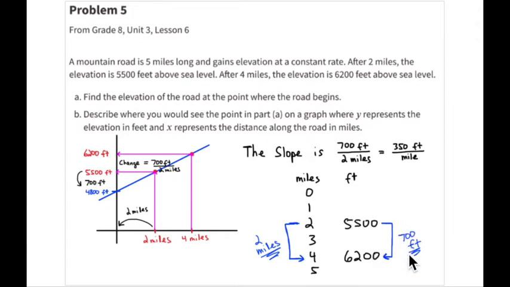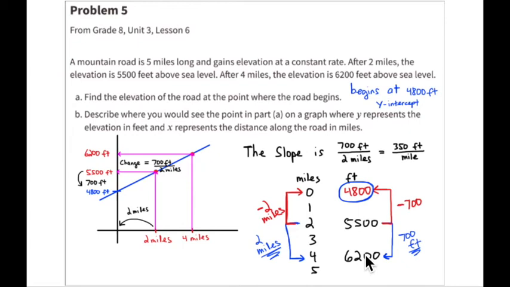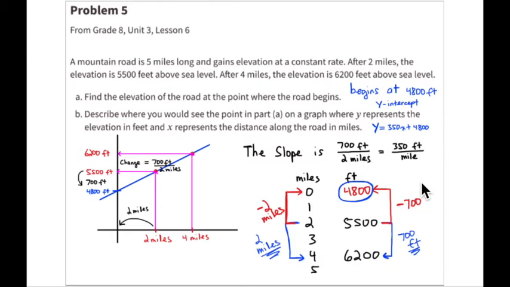That is 700 feet. So then if you go backwards, if you subtract the 2 miles, and you go back to 0 miles, which is where it crosses the y-axis, then you subtract 700 feet to go back to 4,800 feet. And I wrote the equation here.